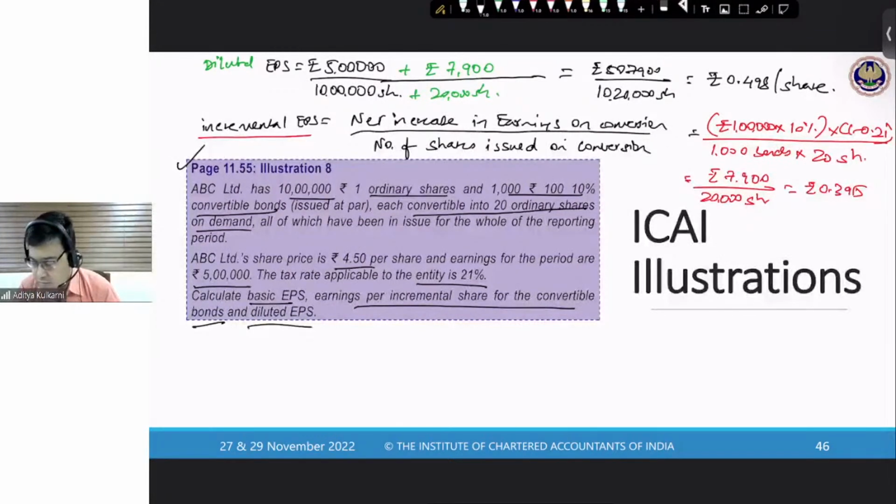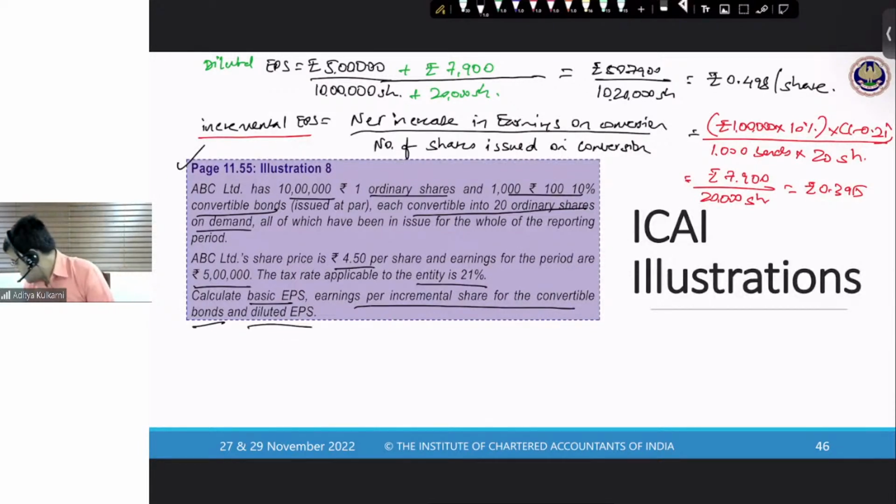Aniket Jain, that's right. Okay, so 0.498. Okay. Fine. All right. So that is my illustration 8 done. All right. Next one.